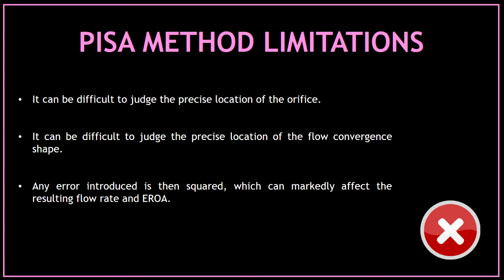Also, it can be difficult to judge the precise location of the orifice and the precise location of the flow convergence shape. It's important to know that any error introduced is then squared, which can markedly affect the resulting flow rate and effective regurgitant orifice area.